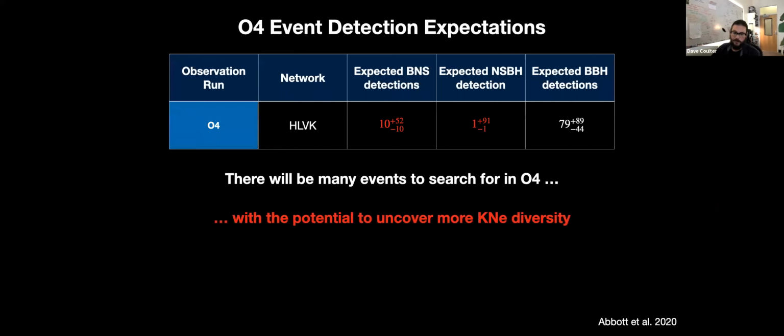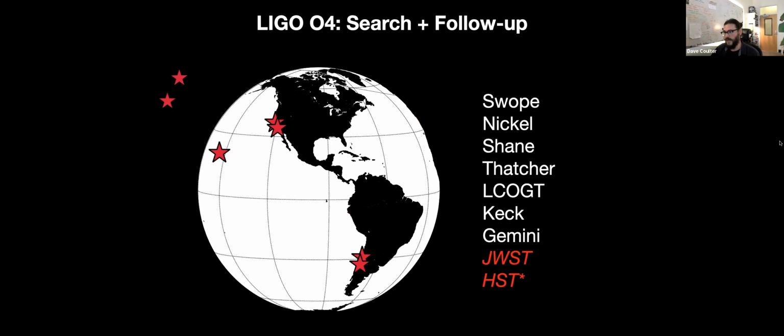Okay, and looking forward to O4, there's just going to be a lot of events. So we're really excited for the amount of neutron star mergers that could be detected, neutron star black hole mergers as well. And we have a lot of resources to bear on this problem. In fact, I've put in a cycle 30 HST proposal to follow things in the optical in case they're detected at ground threshold.